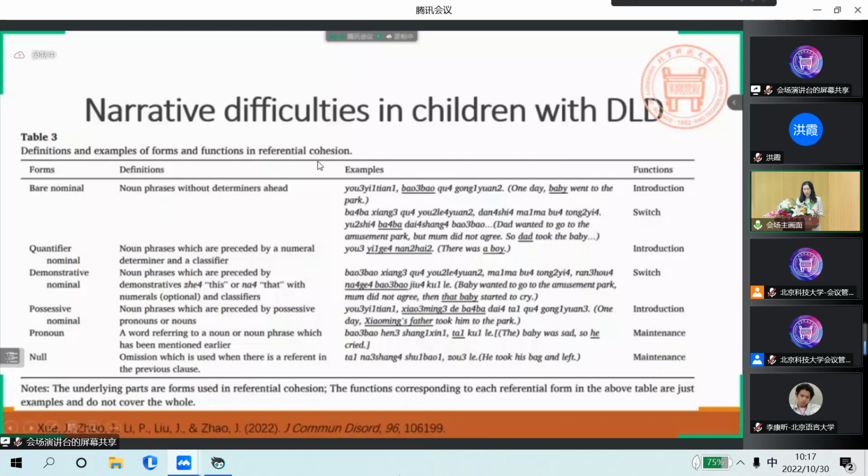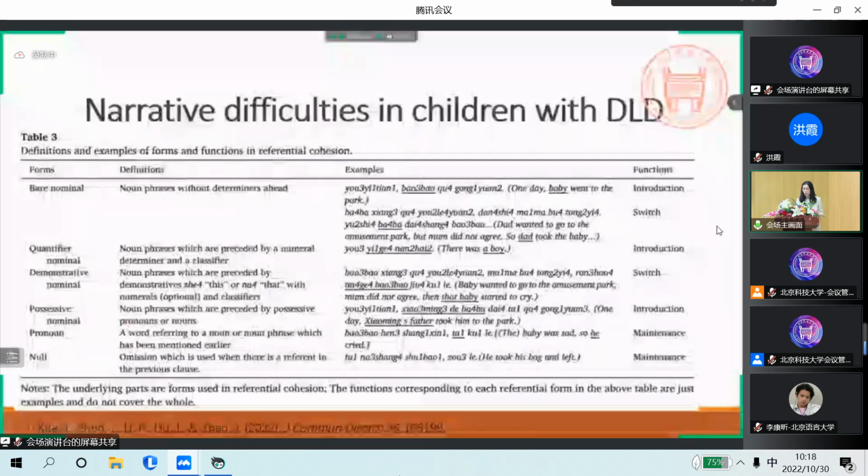The cohesion is also analyzed, and cohesion includes the forms and the devices that might be used. We analyze the devices that might be used to express or to aid the narrative development. So these are the forms, and these are the functions.